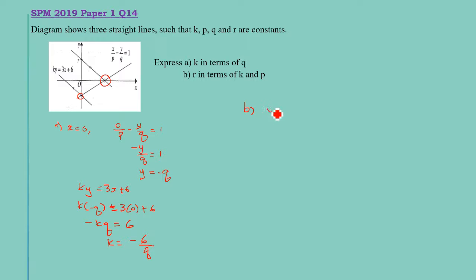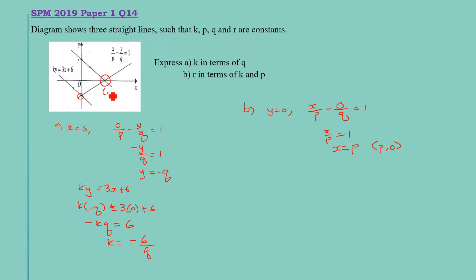So when y equals 0, we put it into the equation to find your x value. So we have x over p minus 0 over q equals 1. So x equals p. So your coordinate will be (p, 0).